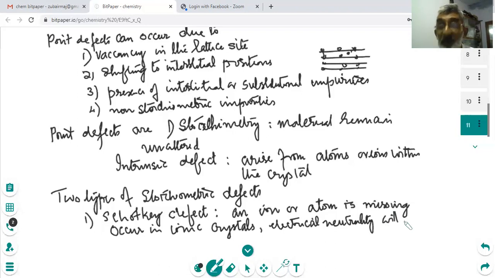That is how we can put it better. The electrical neutrality will not change, because conducting of electricity is not directly related with this. That we'll explain later when we come across the property of these crystals.